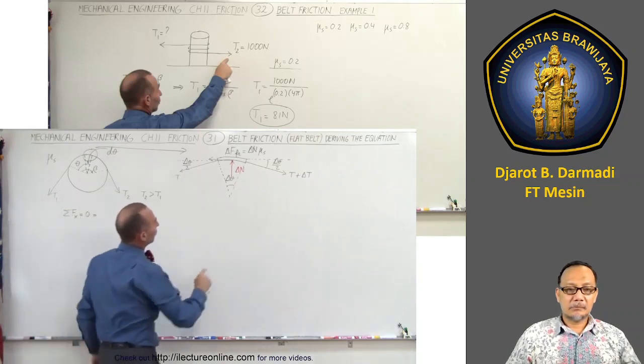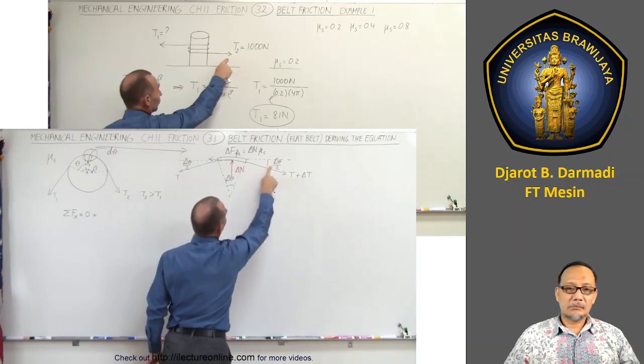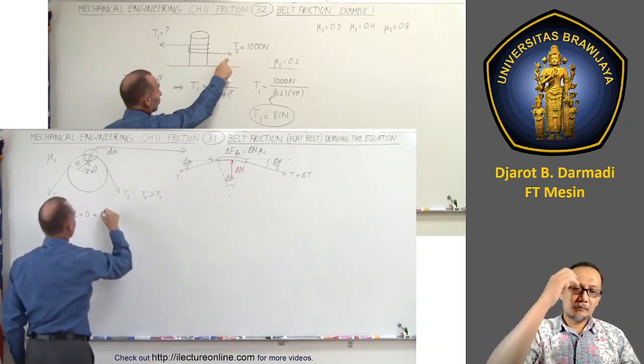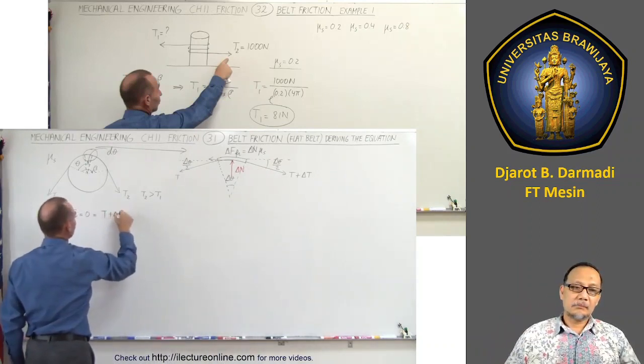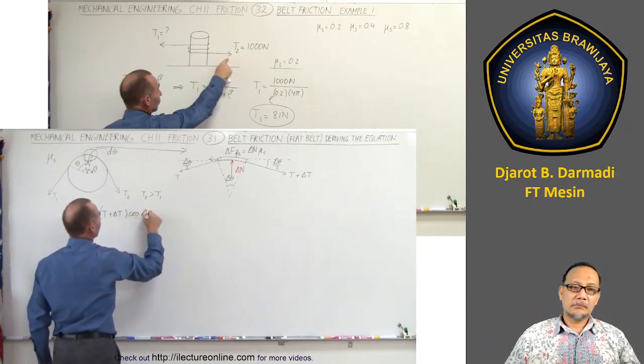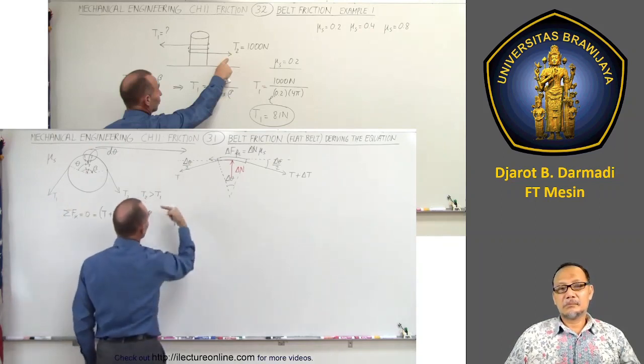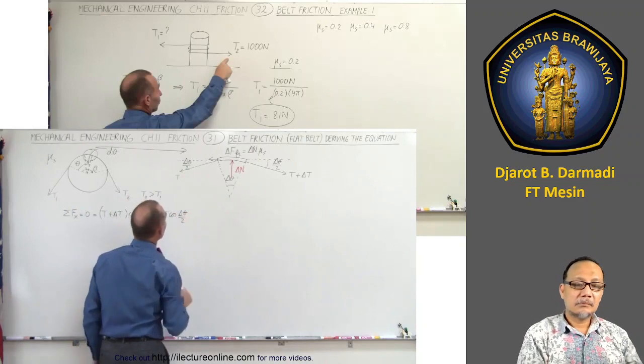Now, what are those? Well, we have the T plus delta T times the cosine of that angle. So we have T plus delta T, that's the force to the right, times the cosine of the angle delta theta divided by 2. Now we have minus this force right here, so minus T times the cosine of delta theta divided by 2.